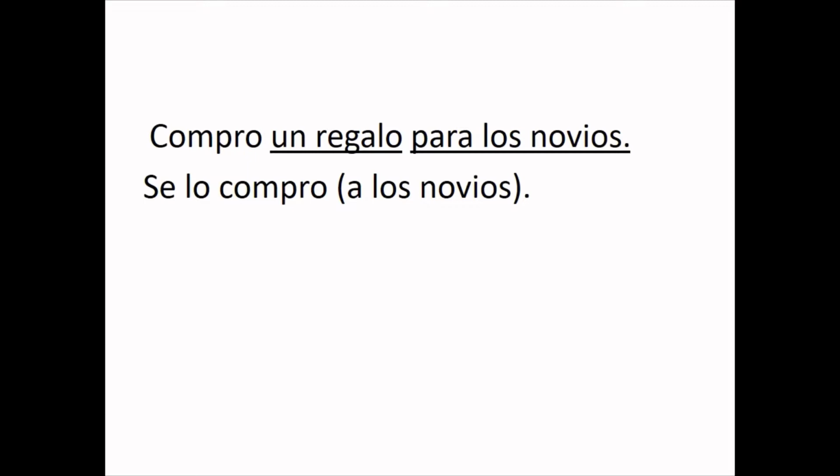First, indirect object pronoun, then direct object pronoun, then the verb. Sometimes we need to clarify the indirect object, so we put it back into the sentence. Se lo compro a los novios.